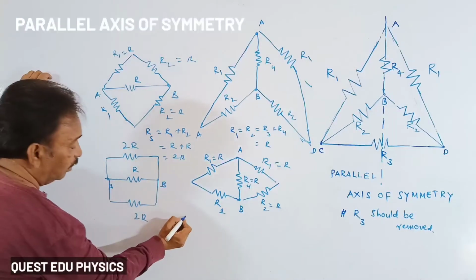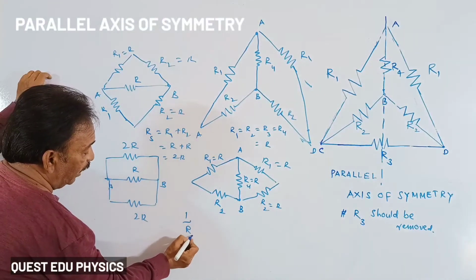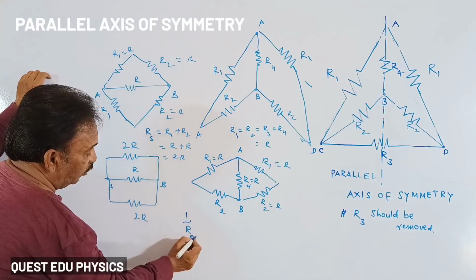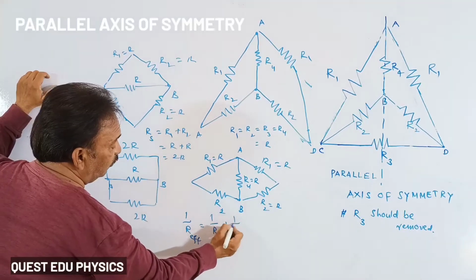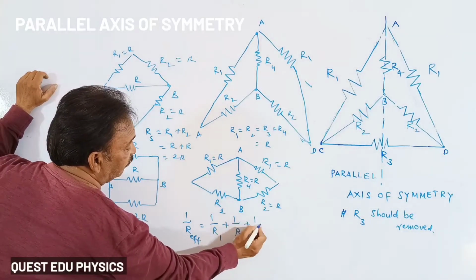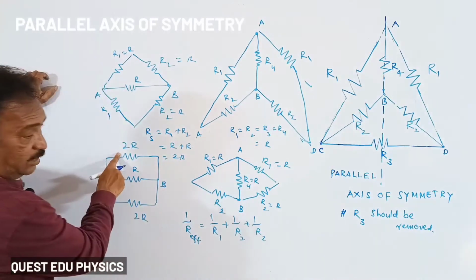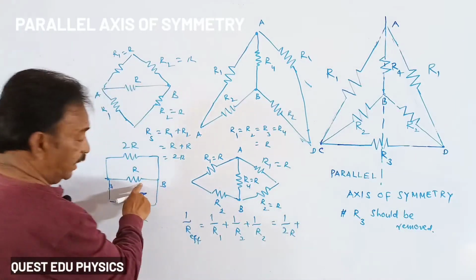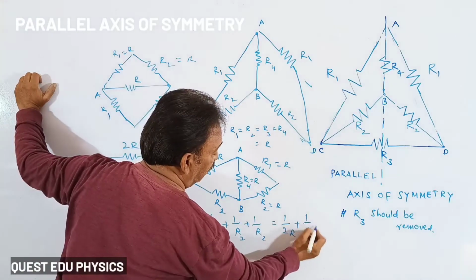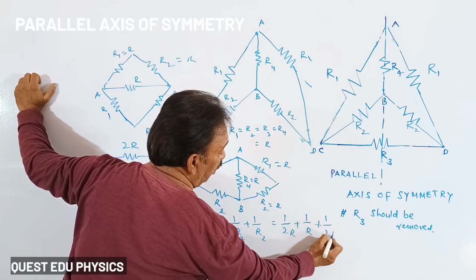Then you know that when the resistors are parallel to each other, the effective resistance or equivalent resistance is the sum of the reciprocals of individual resistances. Let's say it is R1, it is equal to 1 by 2R, followed by the second resistance, that is R, plus 1 by 2R.